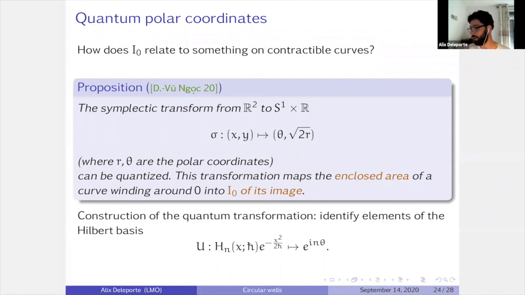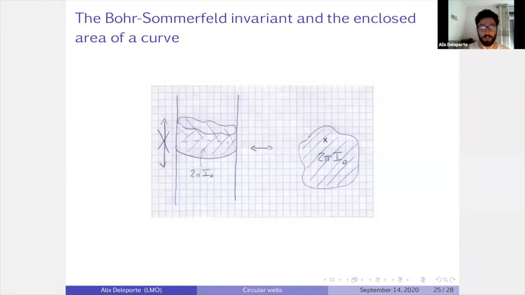You can prove that this is a Fourier integral operator and all that. And the associated symplectic transform is precisely the one which is in the proposition. So here is a picture for the Bohr-Sommerfeld invariant in both cases.